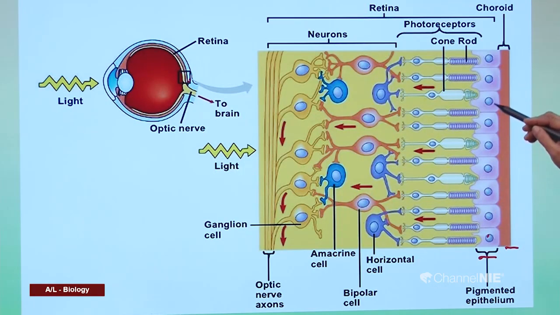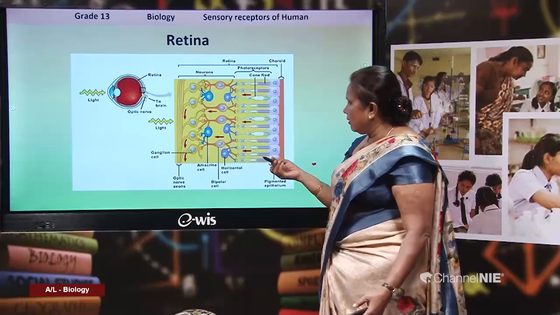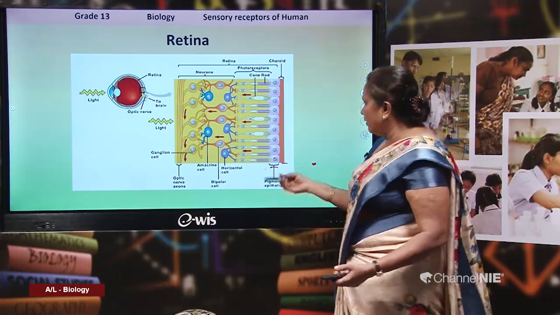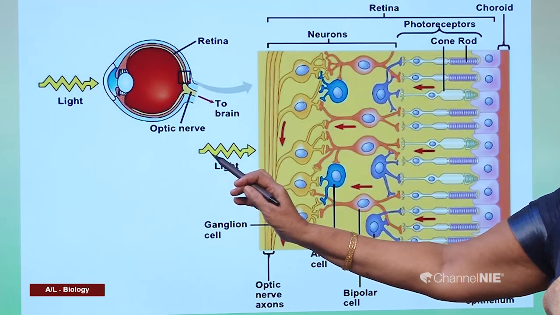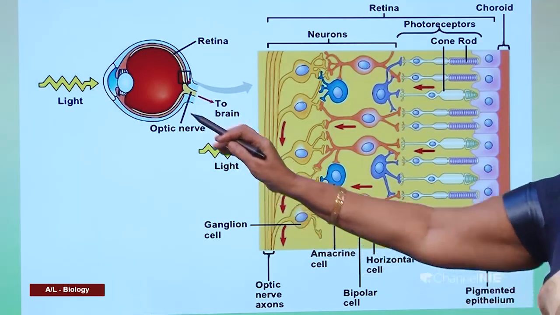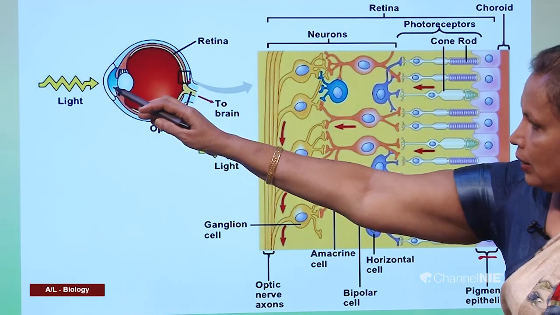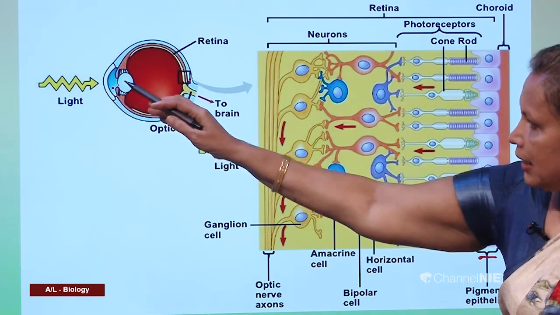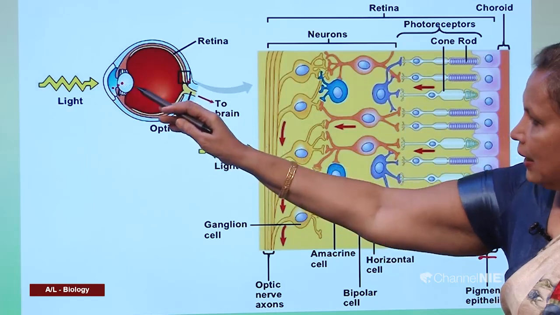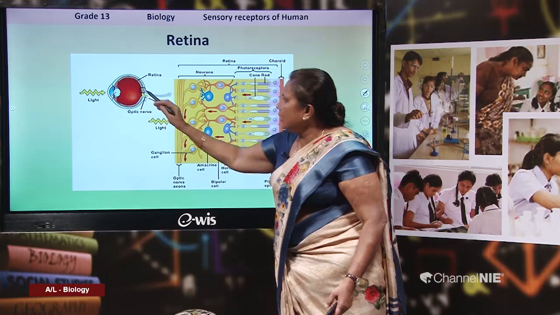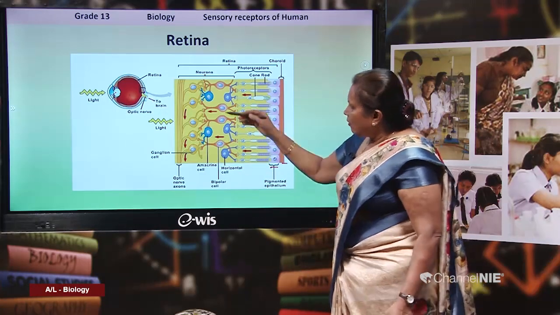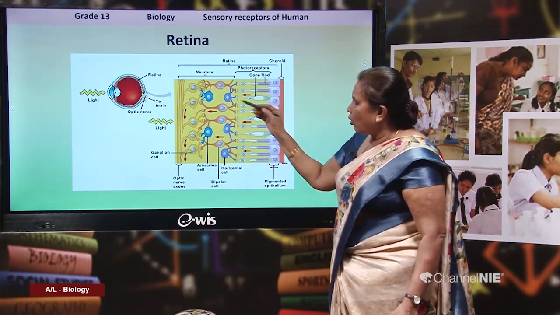The pigmented layer contains an epithelial cell layer, which has the ability to absorb excess light coming through this way. You can see the pathway of light, which comes through the cornea, aqueous humor, then through the pupil, into the lens, and the vitreous humor, and then forms the image on the retina.